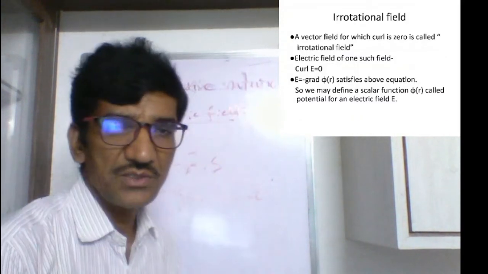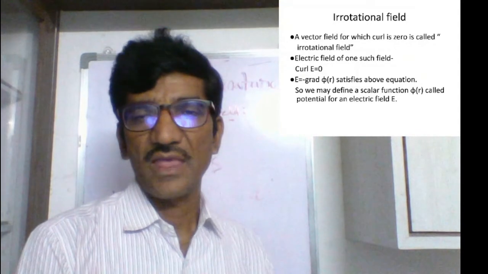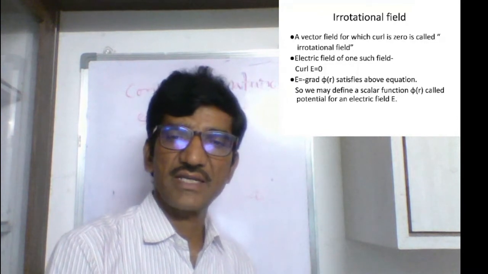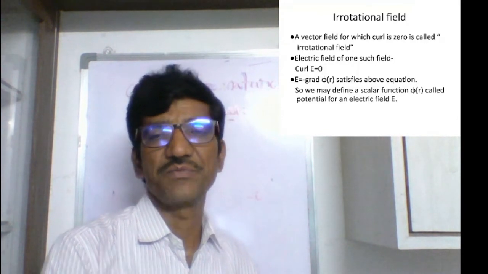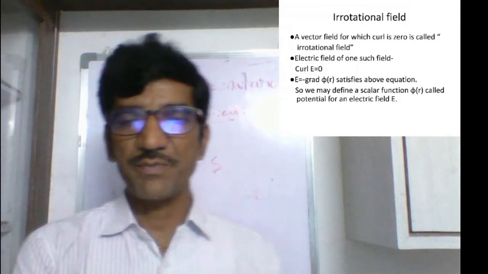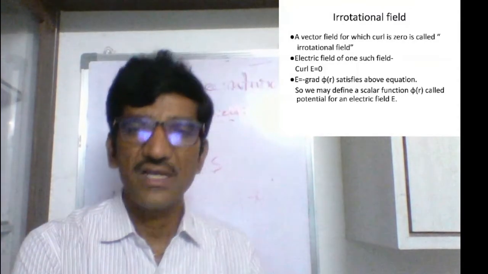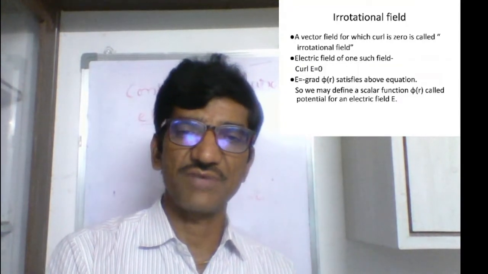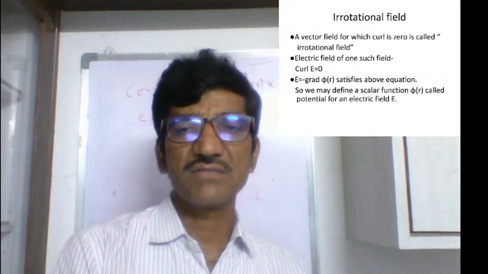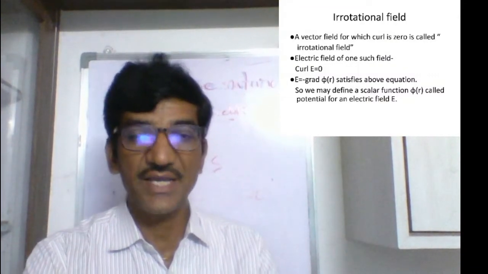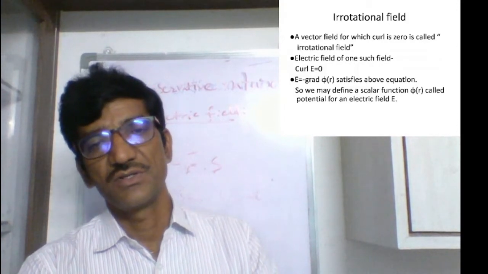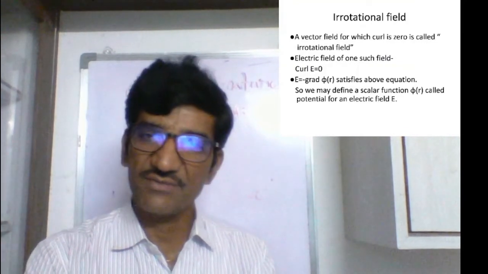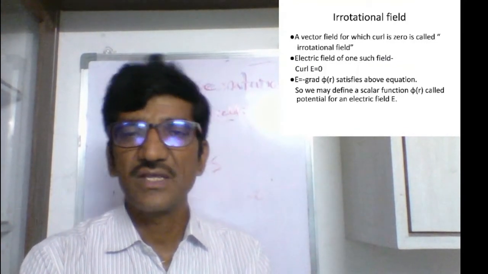One important conclusion you may draw by restating this mathematical equation, curl E is equal to 0: whenever you express E in terms of the gradient of some function, what happens? Curl grad phi is equal to 0. In vector analysis, you know that curl of the gradient of any scalar function is 0.